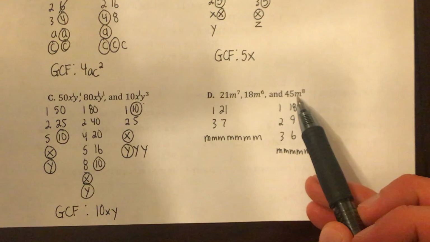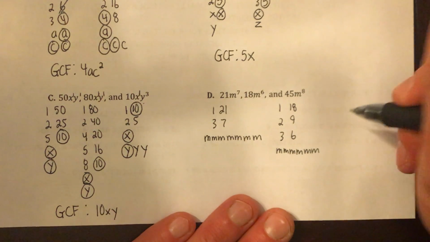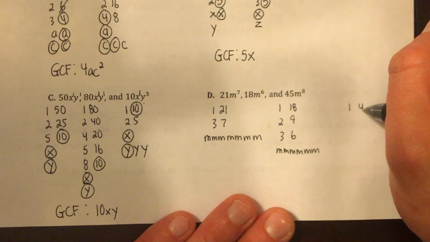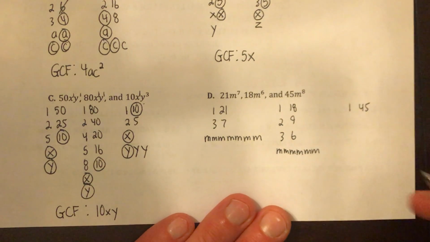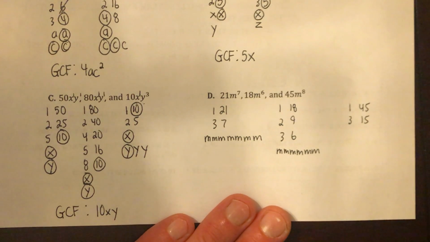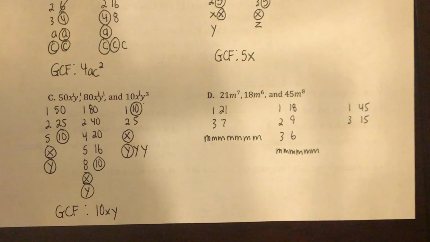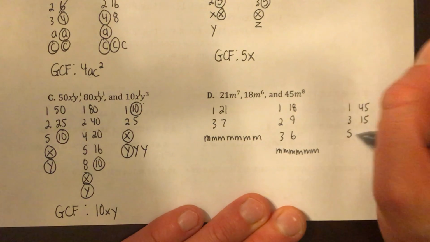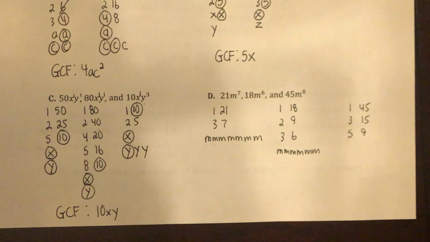Now I've got to do my final term, which is 45m to the 8th. So start with the 45. So 1 and 45. Does 2 go in? No, it doesn't. Does 3 go in? Yes, it does. 3 times 15. Does 4 go in? No, it doesn't. Does 5 go in? Yes, it does. 5 times 9. Does 6 go in? No, it doesn't.